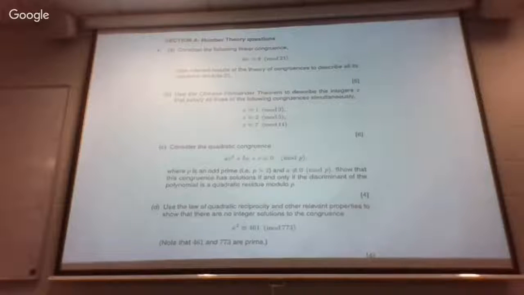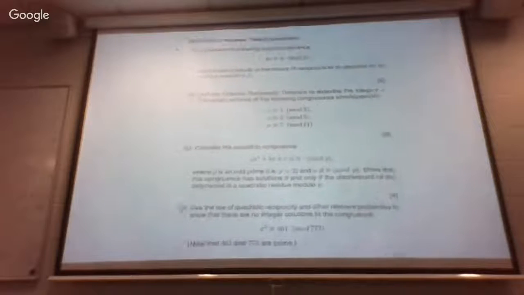The final part is to apply several properties of the Legendre symbol in order to decide whether or not that equation has a solution. It's a quick trip through the exam questions. Anybody unsure about anything about the structure of the exam?